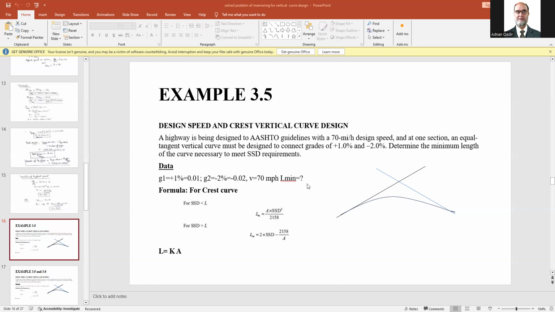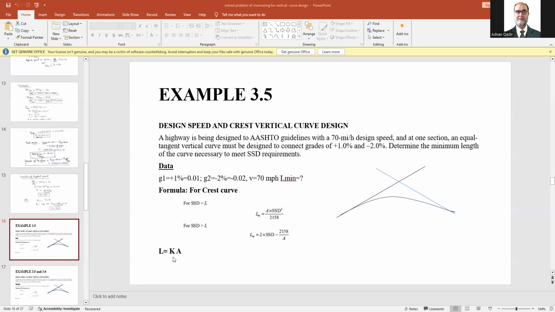Here A is the algebraic difference of the grades. And if the stopping sight distance is greater than the length of the curve, then you will use this relation: 2S minus 2158 over A.